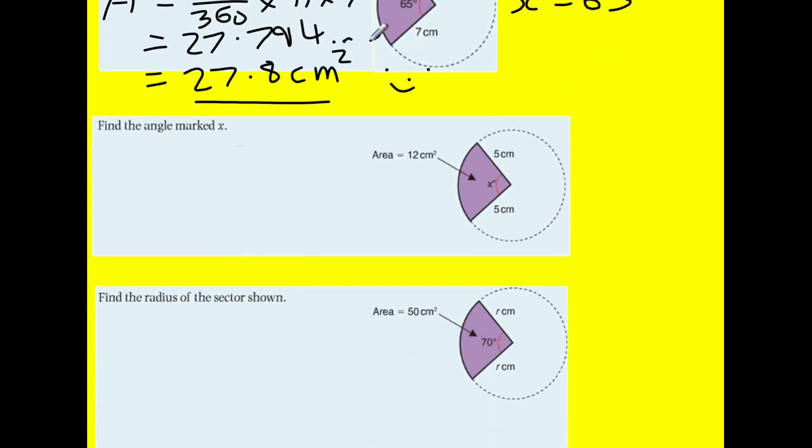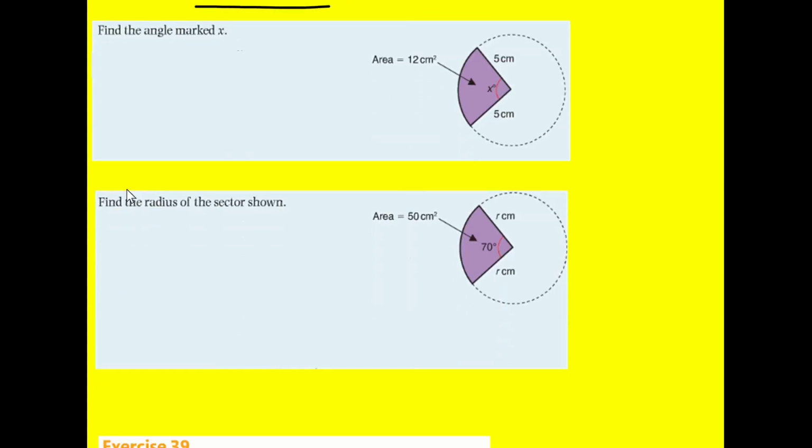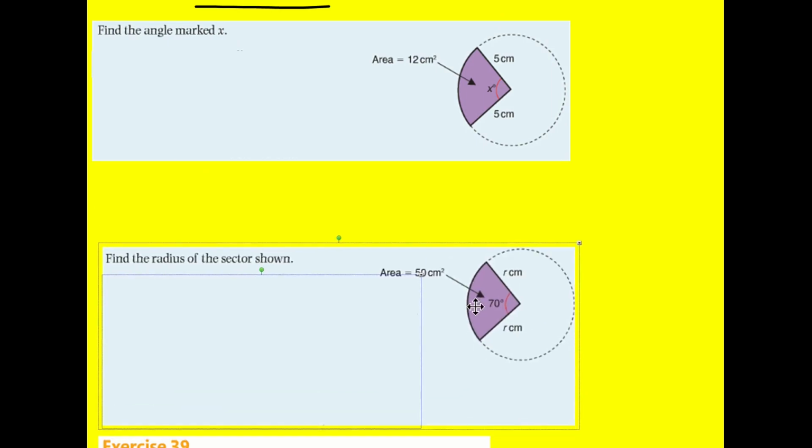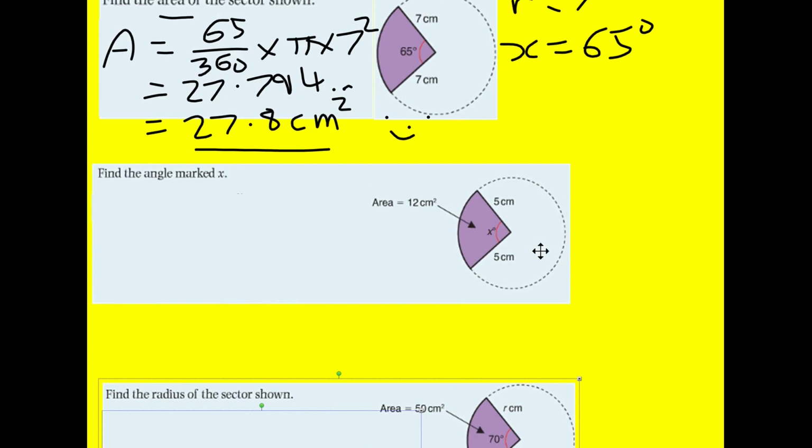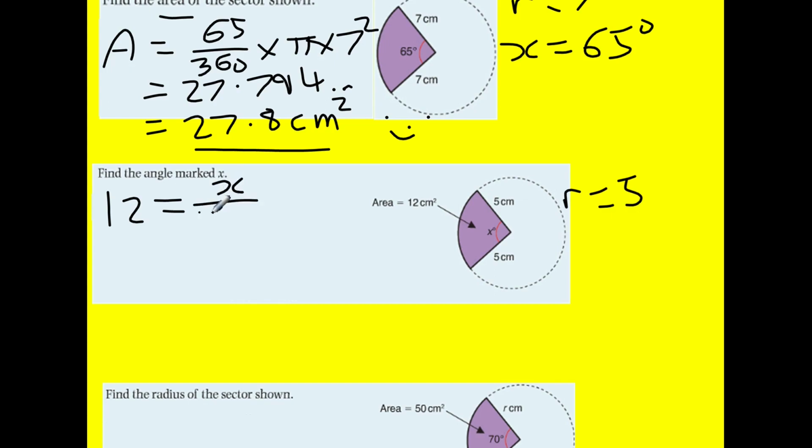Okay, slightly trickier question now. Find the angle marked x. This is a situation where you know the area and you have to work back to the angle, but it's the same idea. This is why being able to rearrange equations is so important. This time we have that the area, which is 12, with r as 5, is equal to x divided by 360 multiplied by pi r squared, pi times 5 squared.